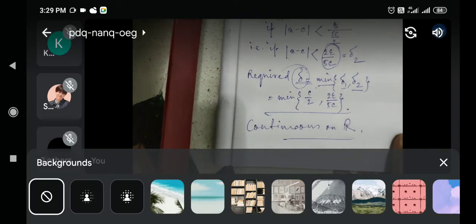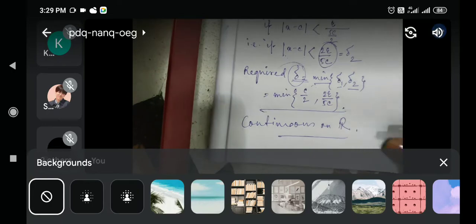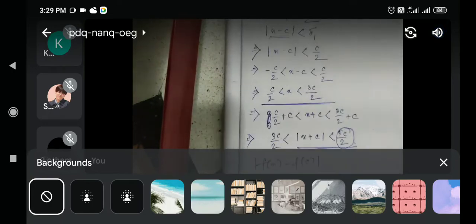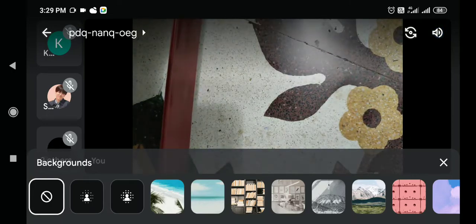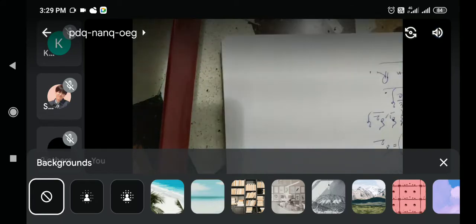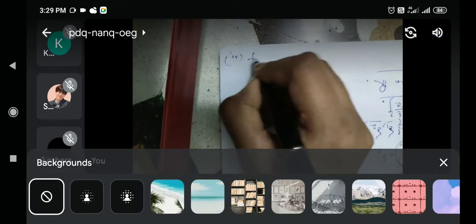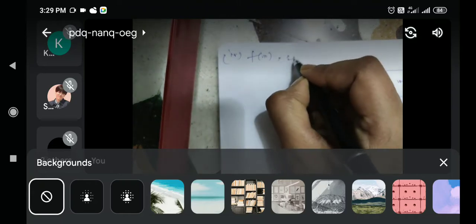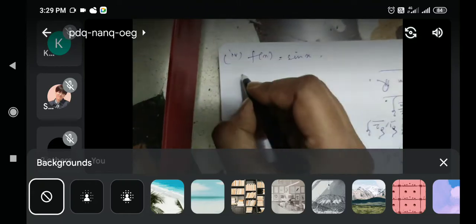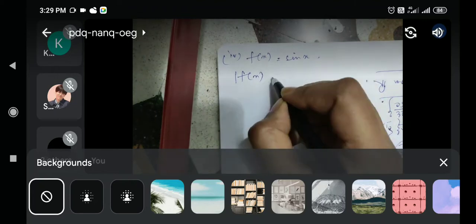Okay, moving to the next example, f(x) = sin x. So f(x) - f(c).